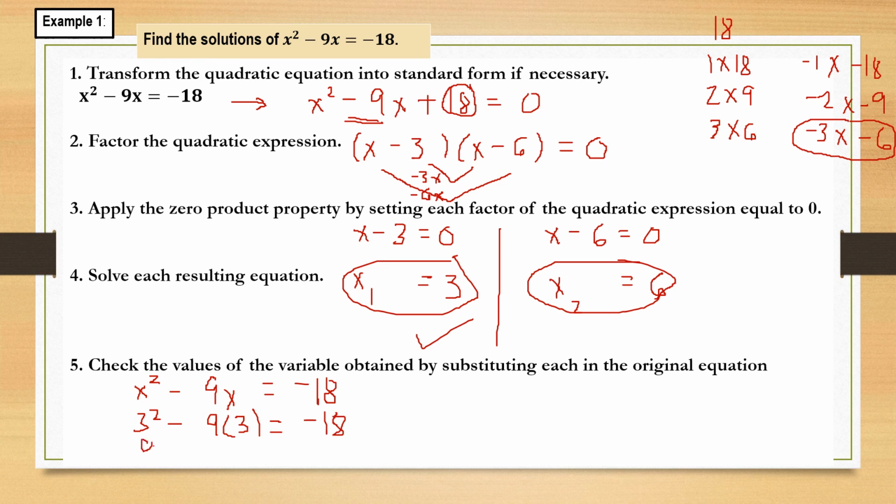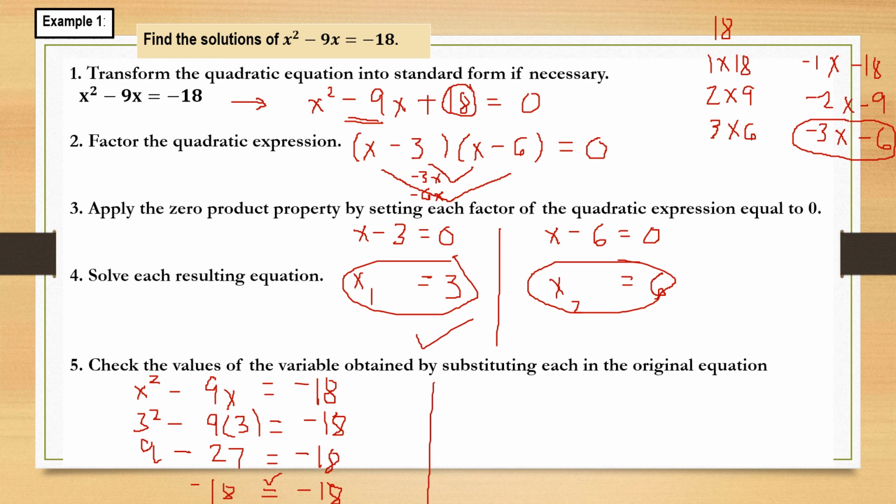So we have 9 minus 9 times 3, 27. 9 minus 27 is negative 18. Is negative 18 equal to negative 18? Yes, since it is a true statement. Therefore, positive 3 is a solution of the quadratic equation.